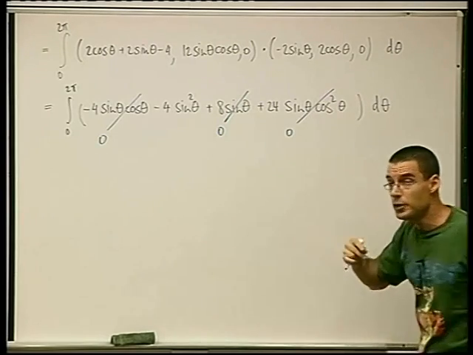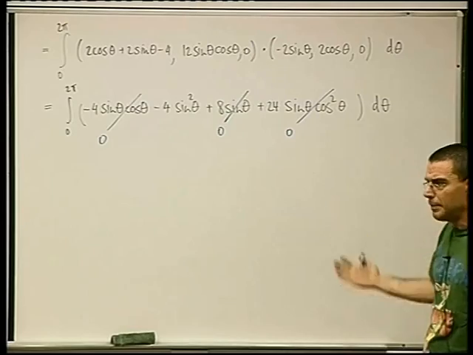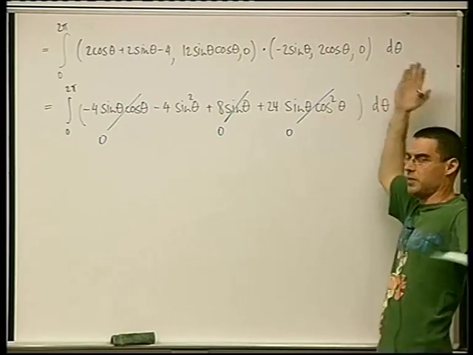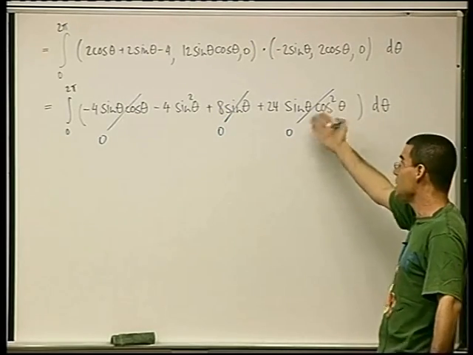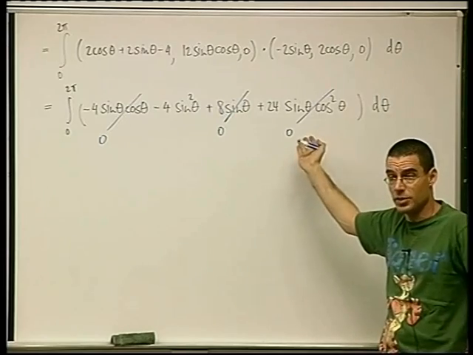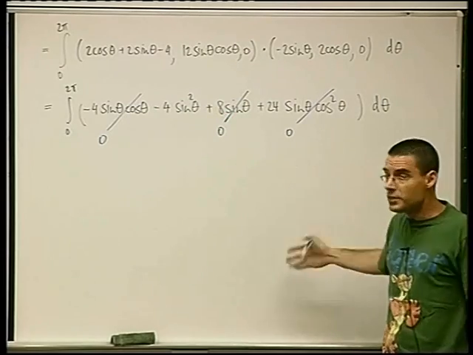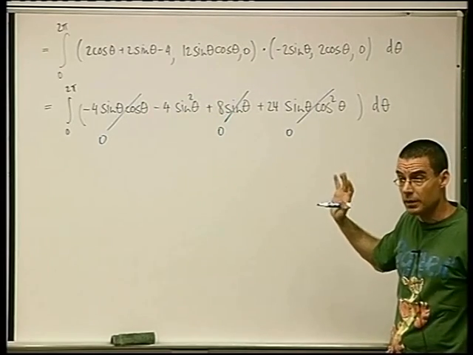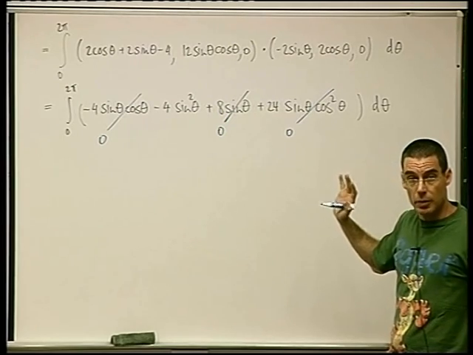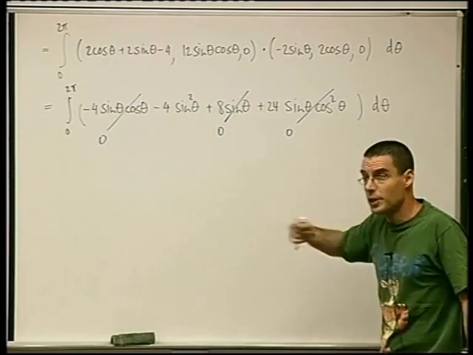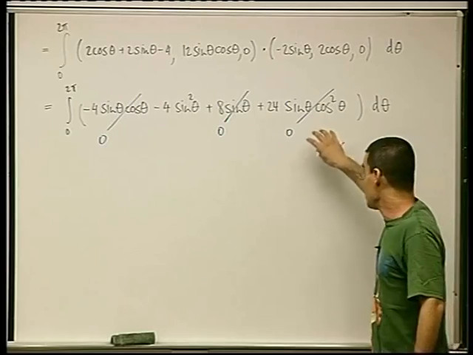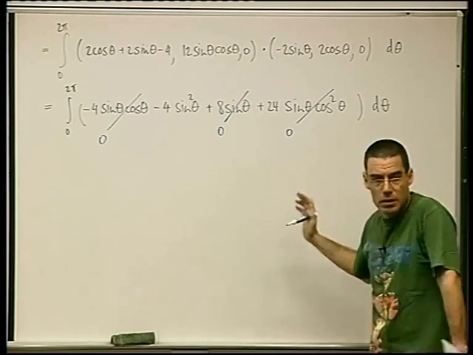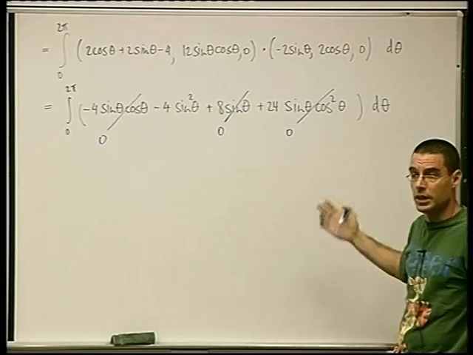Now, if you're saying I'm never going to be able to see that this is a derivative of cosine cubed, and I'm going to need to do a substitution in order to solve this, that's fine. It's just going to take you an extra line. That's no big deal. Okay? So I'm doing these shortcuts because I feel comfortable with it. But if you don't see it, then there's no reason to panic. It's just going to take an extra line.